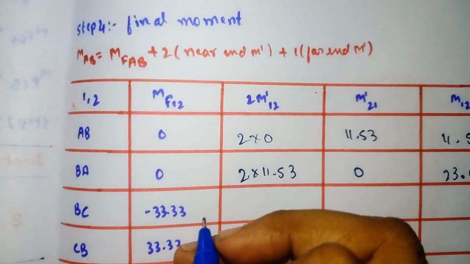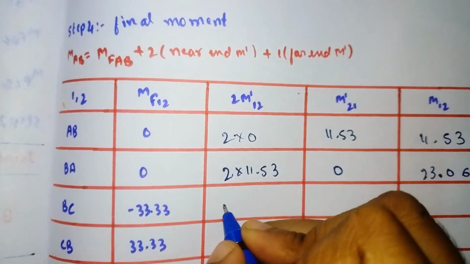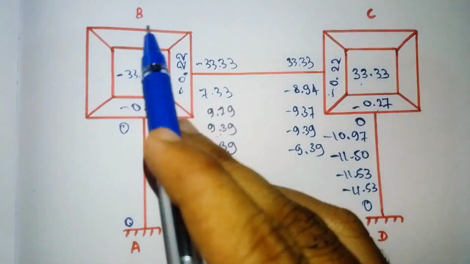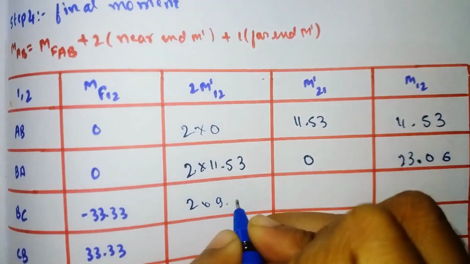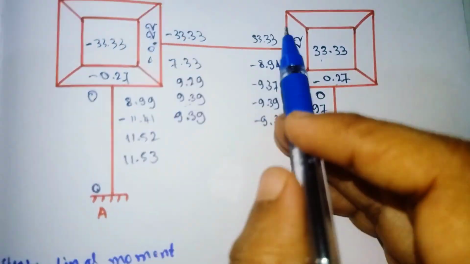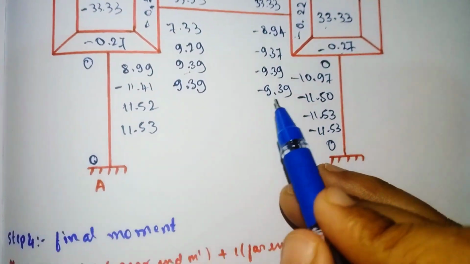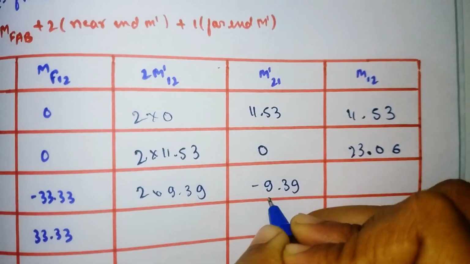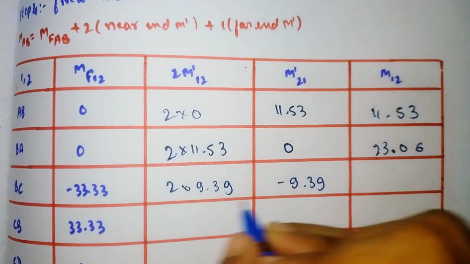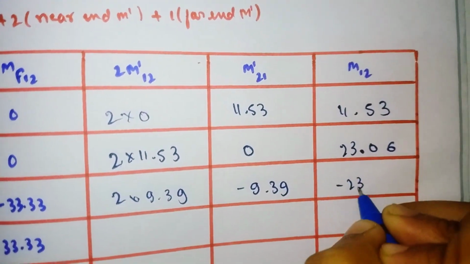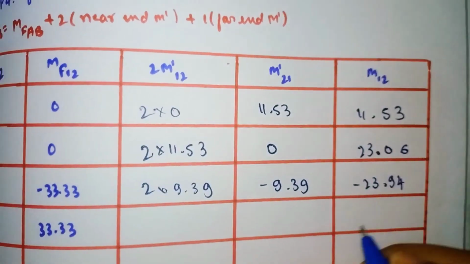Similarly for BC, this is the fixed end moment. So 2 into the rotation factor of BC we got was 9.39. So put that value 9.39. The rotation factor of CB we got was minus 9.39. Now add these 3, it will come out as minus 23.94.